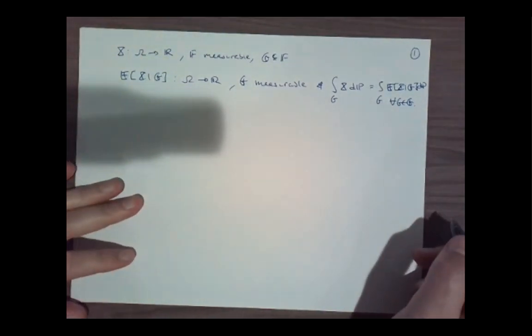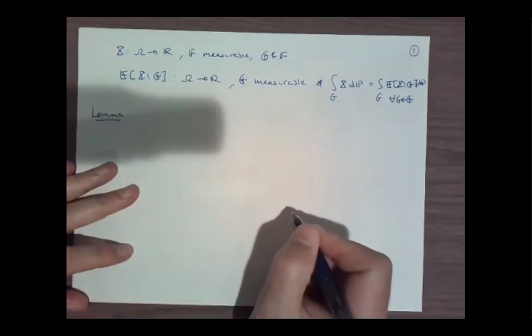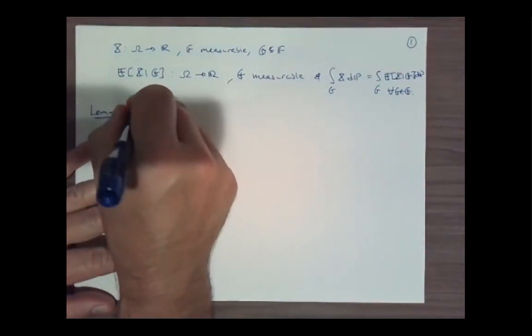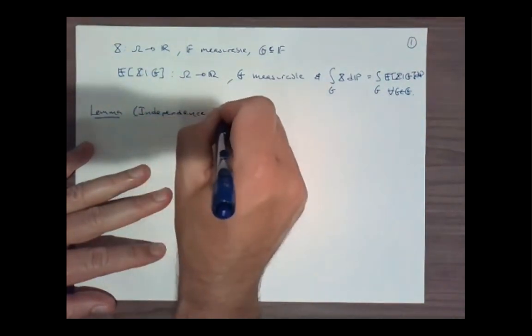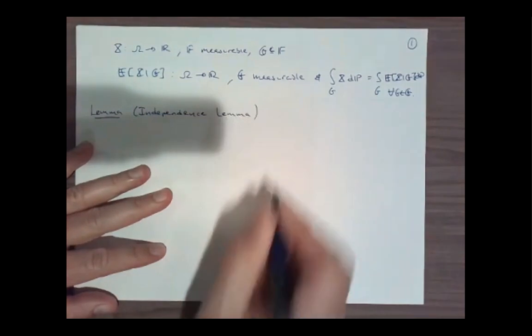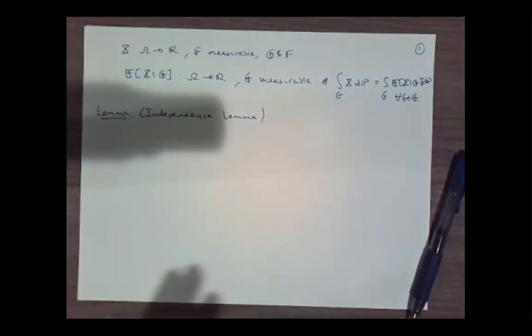In general, there's no formula for it, but there is a lemma, called the independence lemma. It actually appears in both our textbooks, so you can find it in a couple of places.